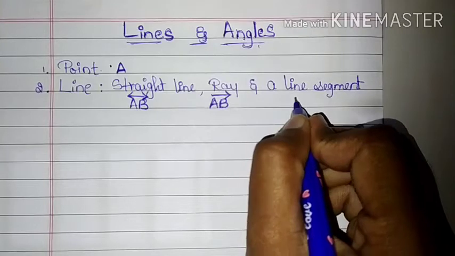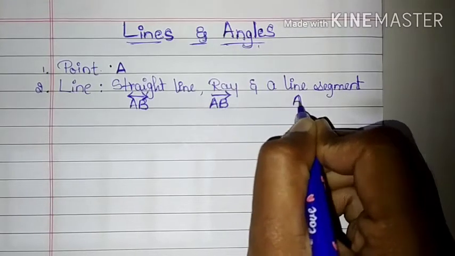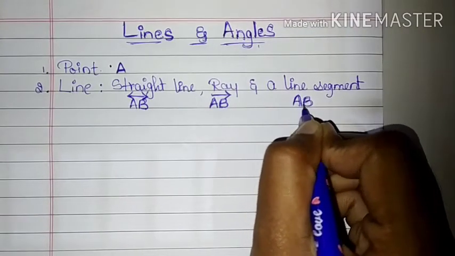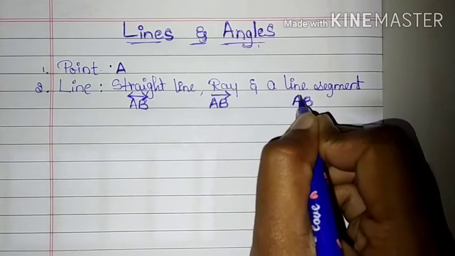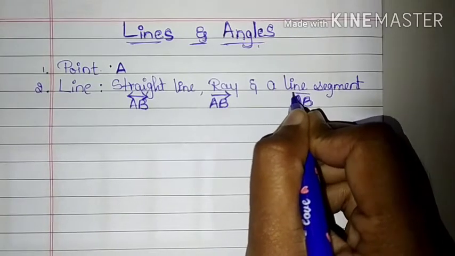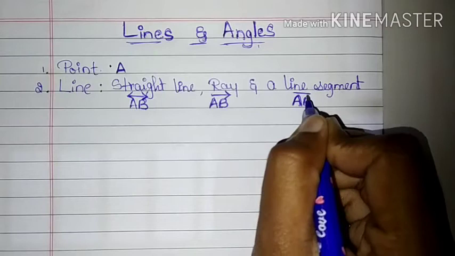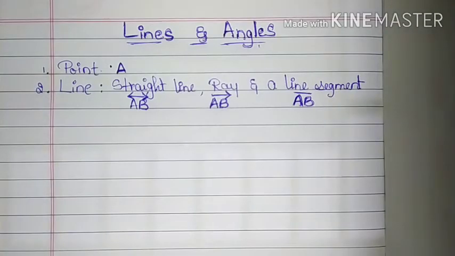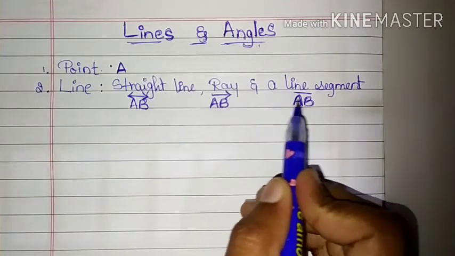And whenever we write line segments, say line segment AB, the notation which we use is a simple bar with no arrows on either of its sides, because a line segment is a terminated line which cannot be extended further. So it is only represented with a bar.